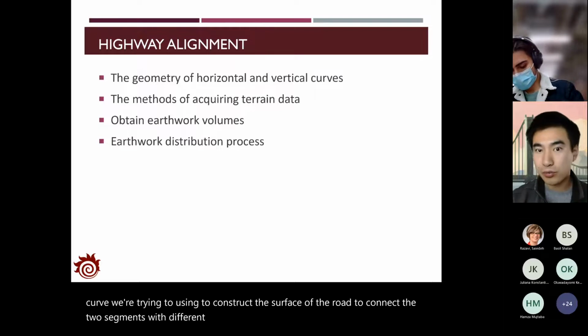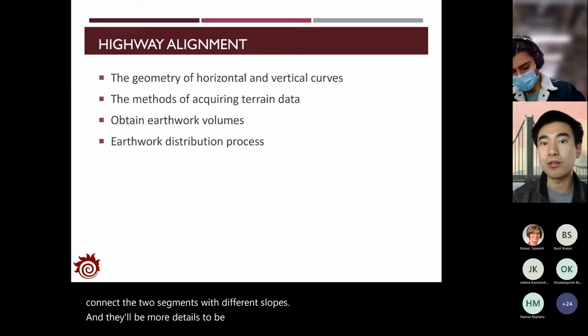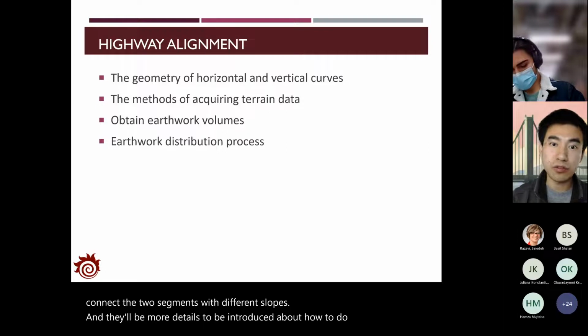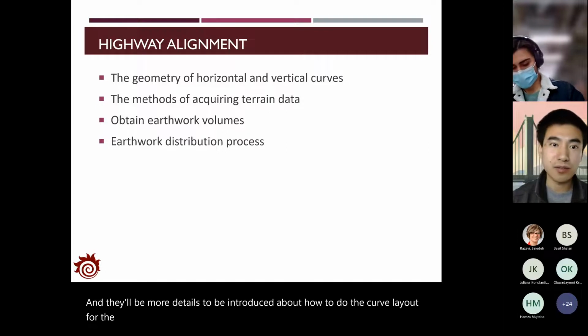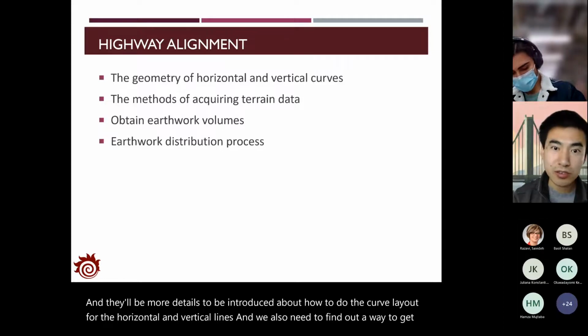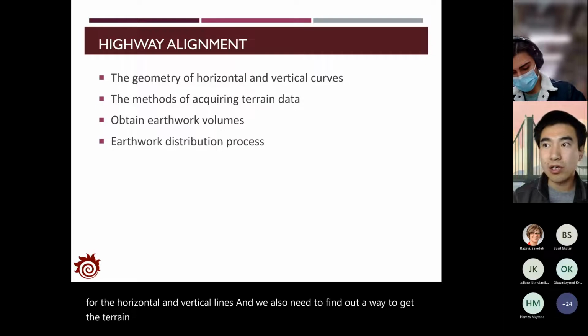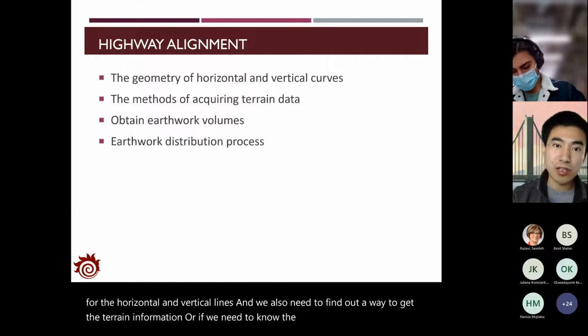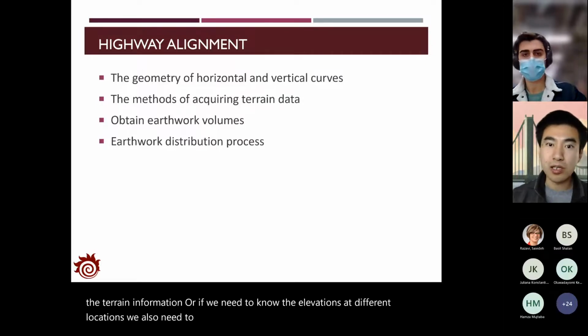There will be more details about how to do the curve layout for horizontal and vertical lines. We also need a way to get the terrain information. We need to know the elevations at different locations. We also need to know where the curve should start and where it should end.